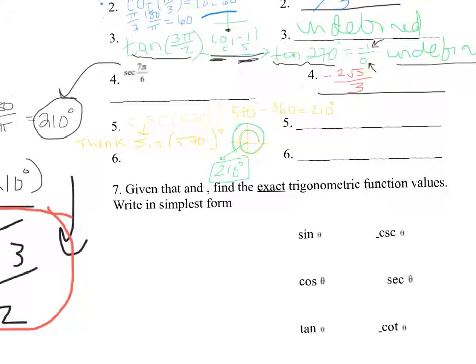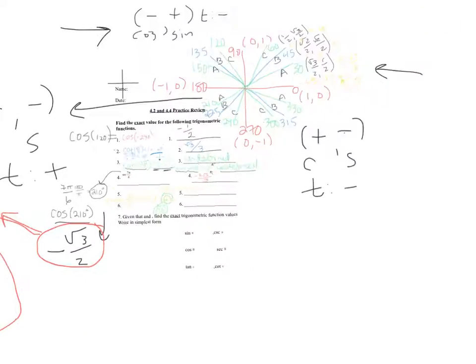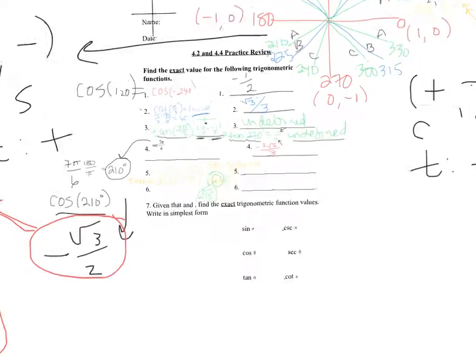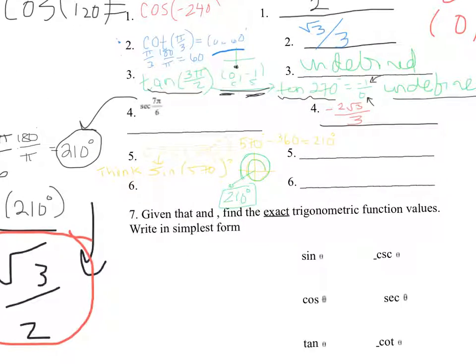And the sine at 210 is, let's see, at 210 it's a reference angle of 30, so sine's a half, so it's going to be negative a half, right? So the sine is negative a half, but because we're working with cosecant, we have to flip negative a half. So it's negative 2 over 1, which is negative 2.